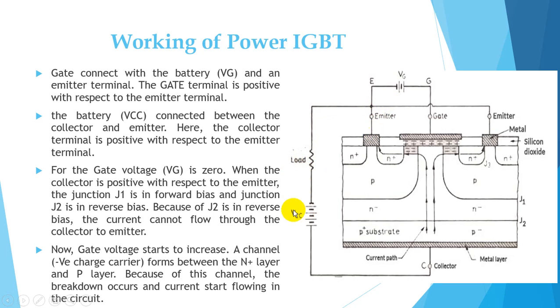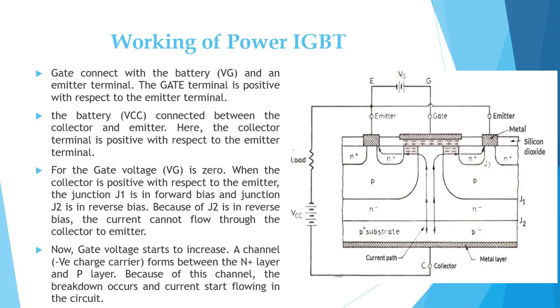This we can say is the biasing voltage or output voltage, the output port. A second battery is connected across gate and emitter. The positive terminal of the battery is connected to the gate and the negative terminal is connected to the emitter. In this way, we are giving the input voltage and the output biasing voltage.